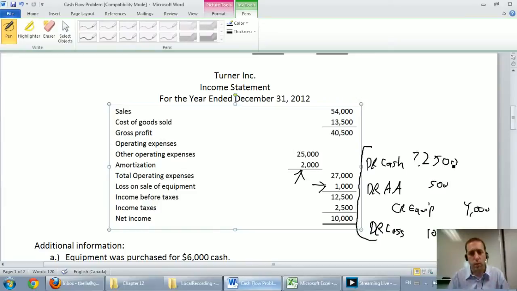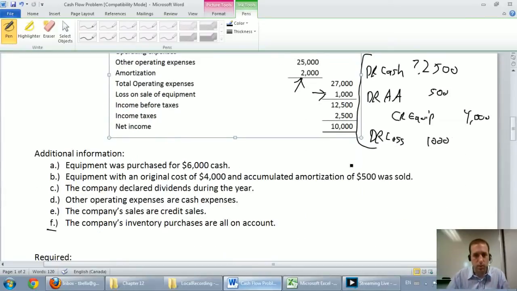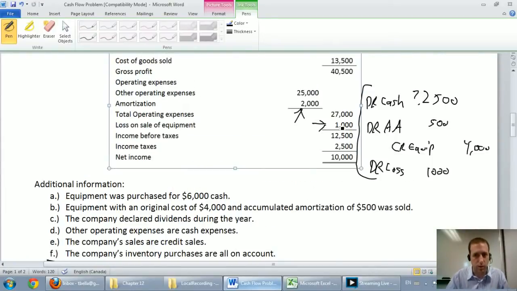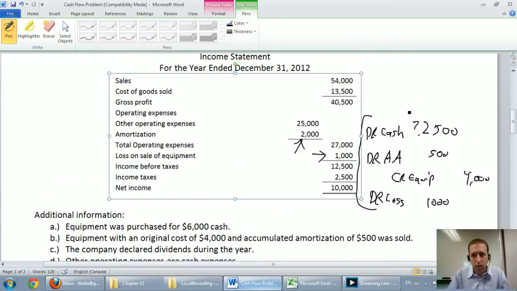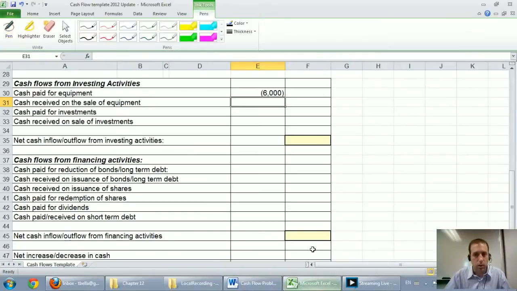There's also another way. You could look at this equipment: it was worth $4,000 minus $500, so $3,500 on my books. I sold it and lost $1,000 on the sale, so I must have got $2,500. You can infer that intuitively. Anyway, we got $2,500 of cash on this sale, so let's record that.